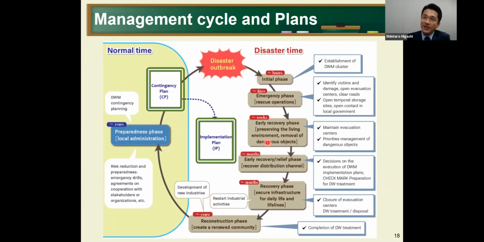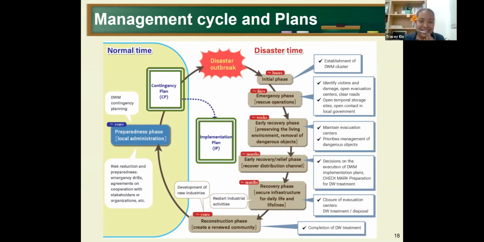And the experience of disaster waste management in each stage should be reflected in the contingency plan. I see. Okay, it seems similar to the plan, do, check, act cycle, doesn't it? Yes. This is a kind of PDCA cycle for disaster waste management.